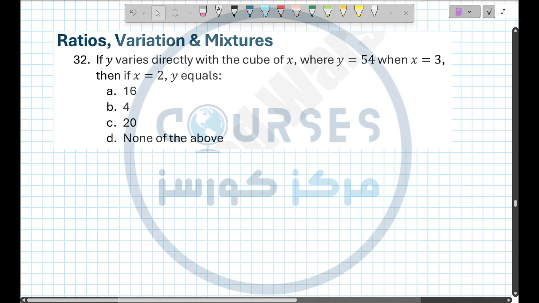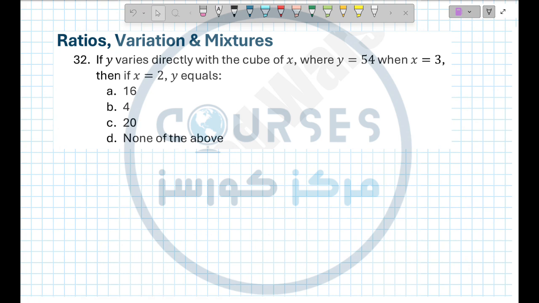Okay, ratios, variations, and mixtures. If y varies directly with the cube of x, that's a trick right there. We're comparing y and not x, but the cube of x, which is x cubed. Where y is equal to 54.